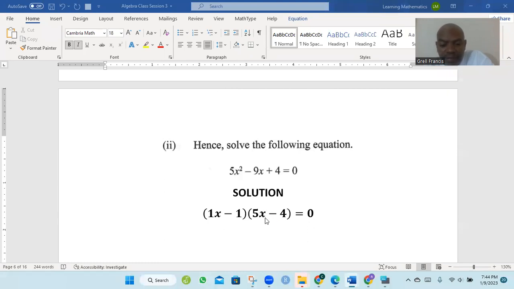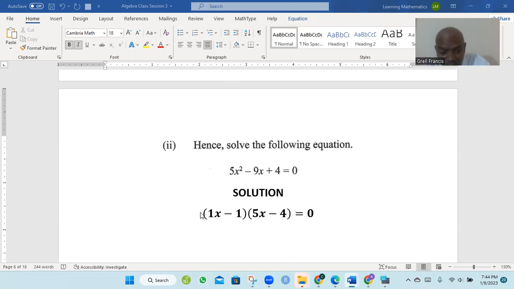Now we know that if you multiply two numbers and it is equal to 0, your product is equal to 0. That means one of the numbers must be equal to 0. Because when you multiply a number by 0, that's how you get 0. 5 times 0 is 0. 99 times 0 is 0.